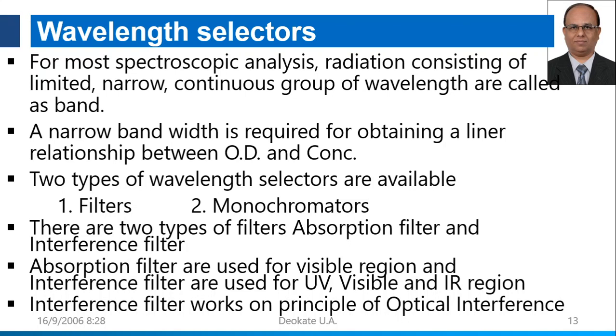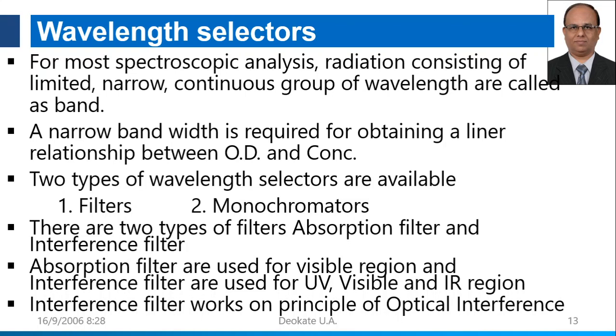Filters are again of two types. One is called an absorption filter and the other is called an interference filter. Their names themselves give their principle: they absorb the unwanted radiation and allow the desired radiation to pass to the other side.